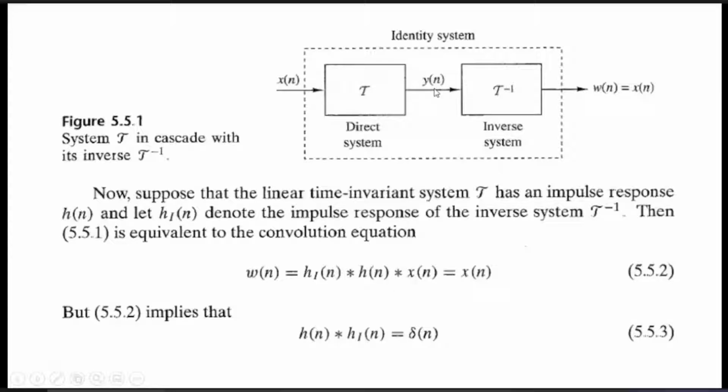Now we pass this y of n to a system which has the impulse response h i of n, that is the inverse of h of n, ऐसा एज्यूम कर लेते हैं. तो ये अगर पास करेंगे तो आउटपुट में हमको इनपुट मिल जाएगा. अगर ये नहीं करते तो हमको इनपुट उतना एक्यूरेट नहीं मिलता था. ये करेंगे तो इनपुट हम लोग एक्यूरेटली डिटरमाइन कर पाएंगे. तो इसलिए इसका आइडिया होना बहुत जरूरी है. h of n को जानना बहुत जरूरी है. Then you will be able to get the inverse of h of n.